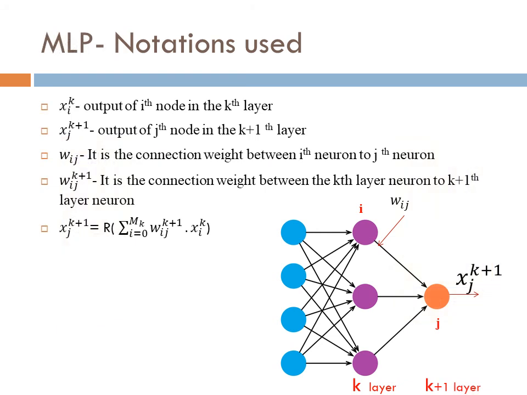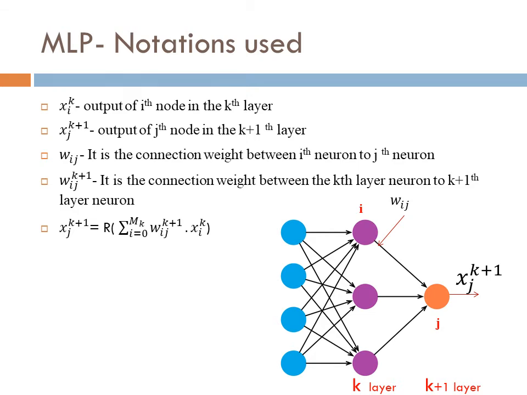Now let us take some of the notations that we are going to use in the multilayer perceptron. The first one, small x subscript i superscript k, is nothing but the output of the ith node in the kth layer. You can relate this to the diagram which is shown here.